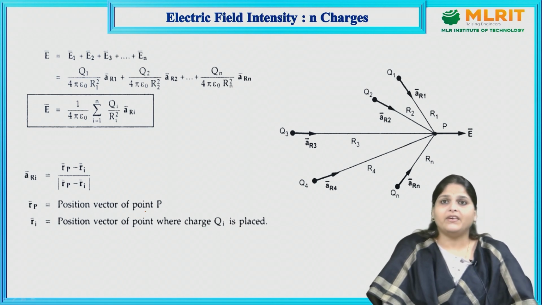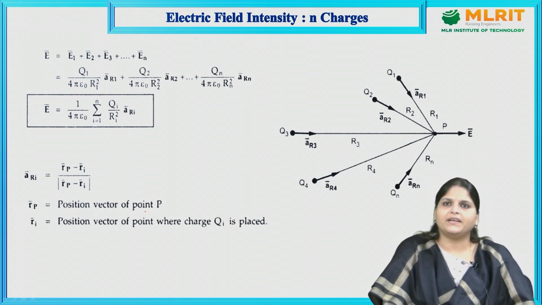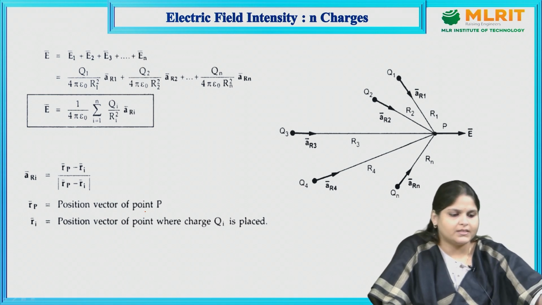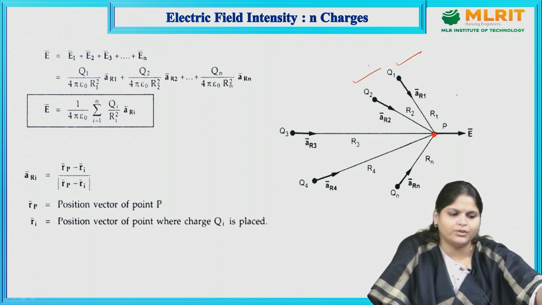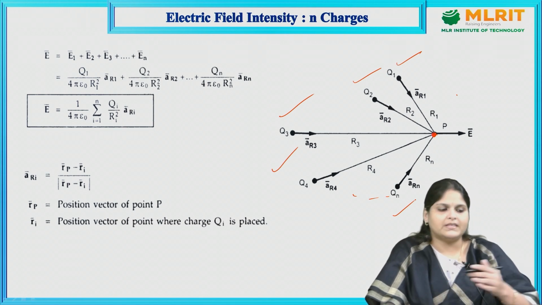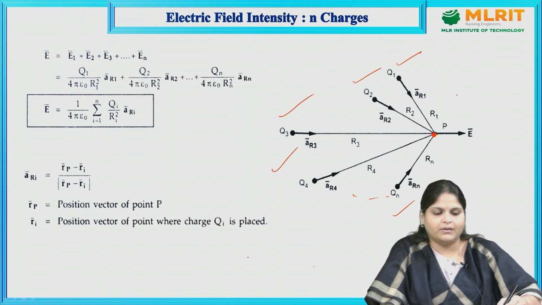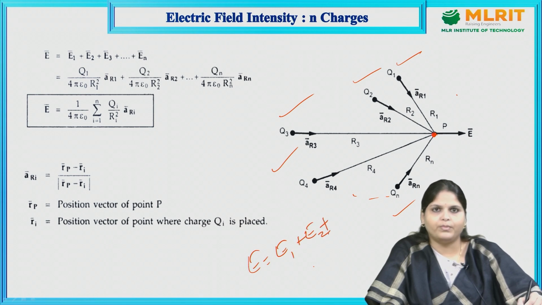Next, if you have n number of charges, how would you write the formula for electric field intensity? If there is a position of any charge and some more charges q1, q2, q3, q4 up to qn are there, then obviously the field will be E is equal to E1 plus E2 plus E3 plus E4 up to En.